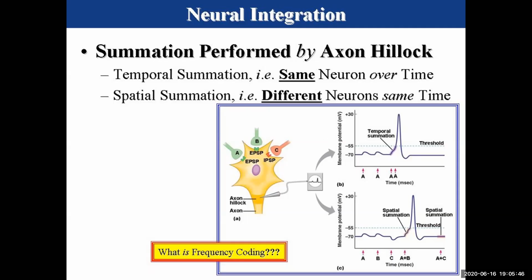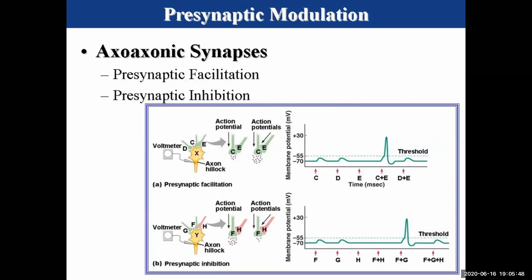Moving on to the last slide. Presynaptic modulation. The name tells you where the modulation occurs. It is affecting the presynaptic neuron. And then the presynaptic neuron, once affected, will also affect the postsynaptic neuron, right?